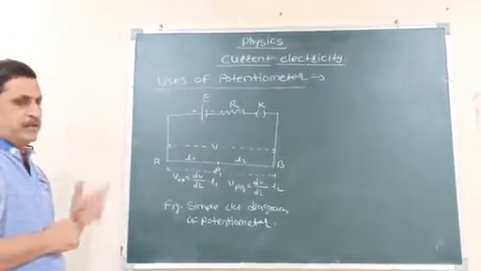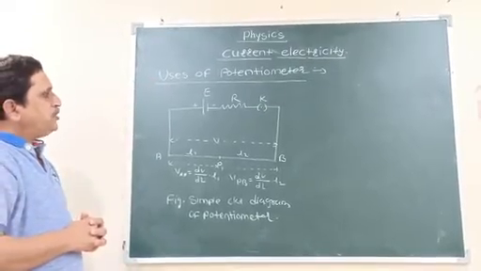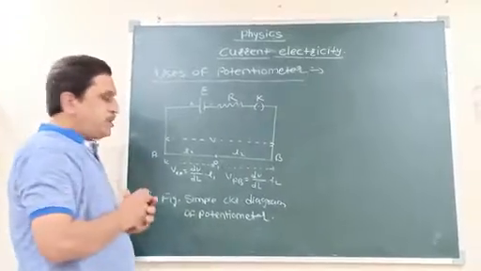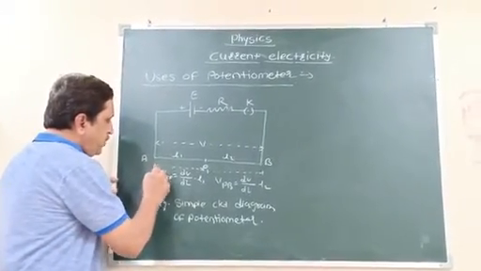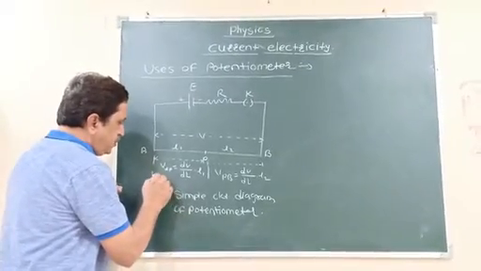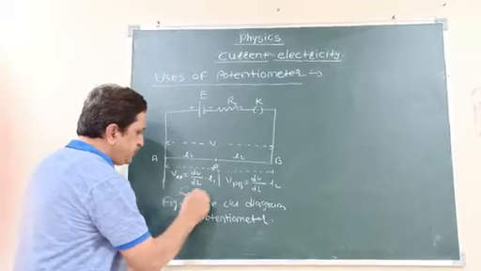Now we know the principle of potentiometer. Now how we can use potentiometer as a voltage divider? Suppose in some cases we require a specific voltage. Now suppose that device is connected in this way.